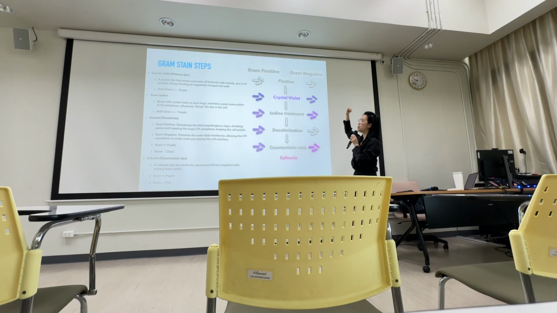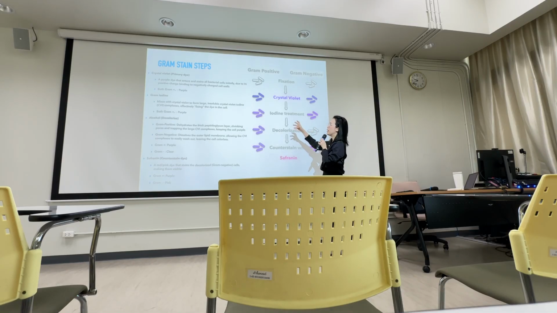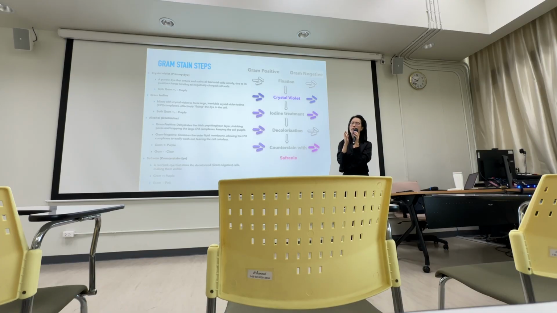After that, we put the chemical that we call iodine, or gram iodine. In the case of gram-positive bacteria, this gram iodine will help the crystal violet bind together with the iodine and form large structures. Those large precipitates will be trapped inside the peptidoglycan network.